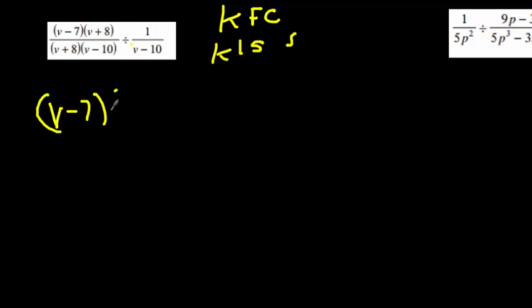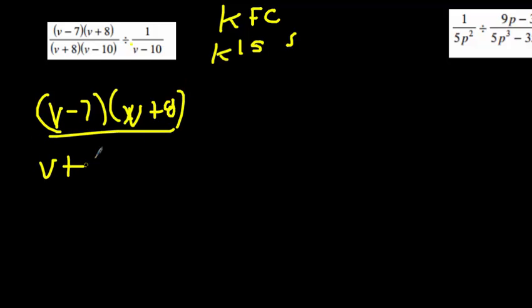All right, so the only difference between division and multiplication is that for division, we have to do the KFC procedure, keep, flip, change, or I call it the KISS, keep it, switch it, switch it. So all I'm going to do is that process right now. I'm going to take my v minus 7 over v plus 8.